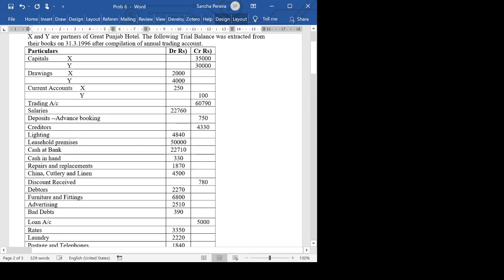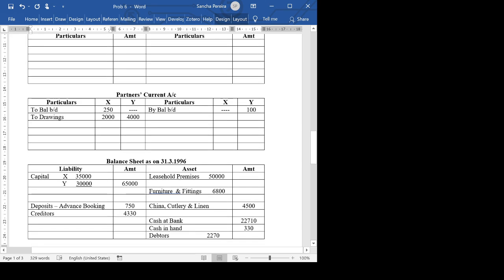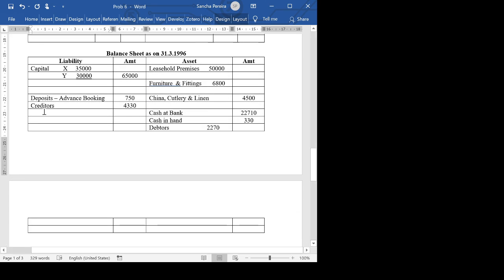There's an adjustment. Then loan account, 5,000. I will have to write it in the inner column because there's outstanding interest. Loan account is 5,000.